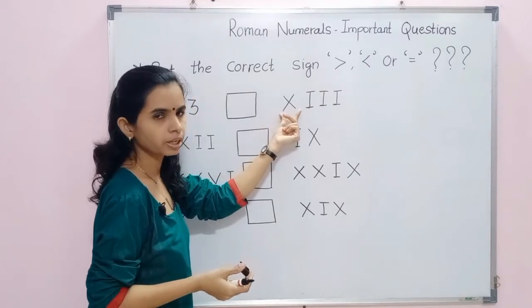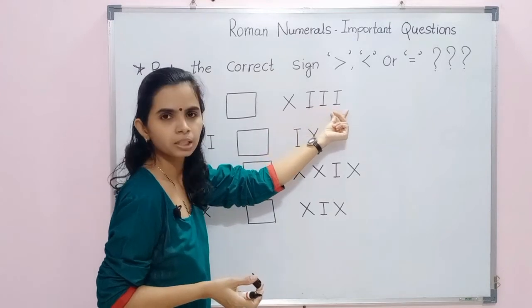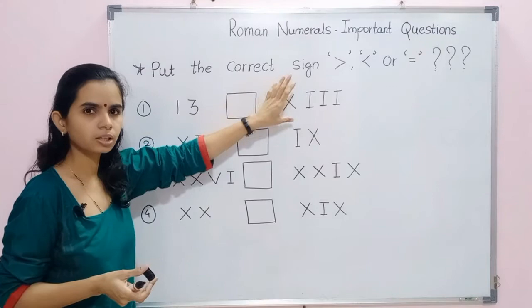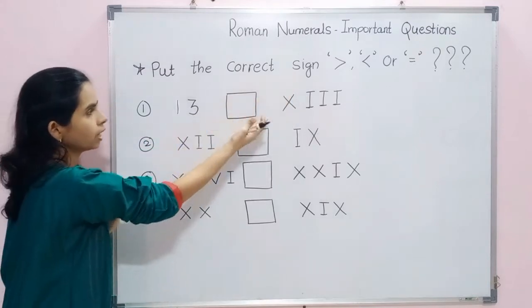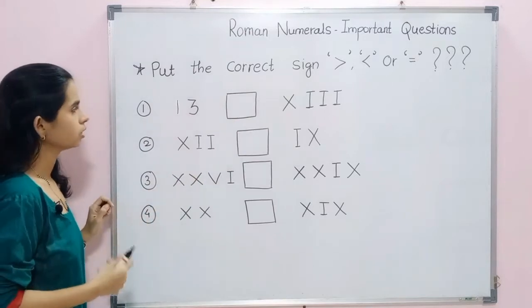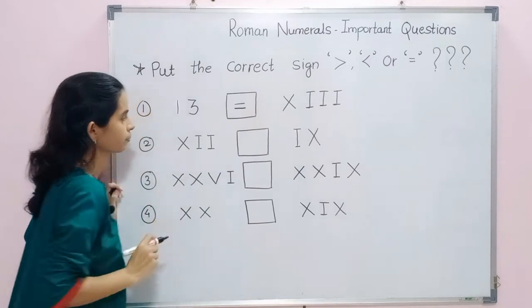The value of X is 10. 10 plus 1, 11, 12, 13, means the value of this symbol is also 13. Both values in both places are equal, so here we will put the equal to sign.